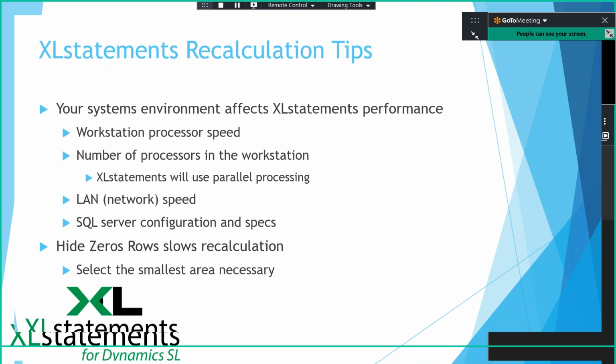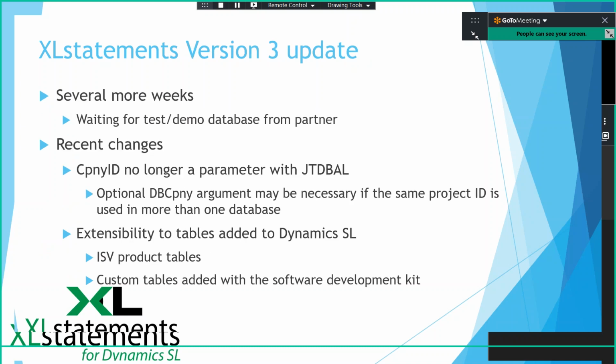And one way to mitigate that is always select the smallest area for your non-zero check range. Always select as small an area as you can. I've seen people select the entire worksheet and then say, okay, make that non-zero, and that will work. But I guarantee that's going to be slower than if you had selected the necessary range.